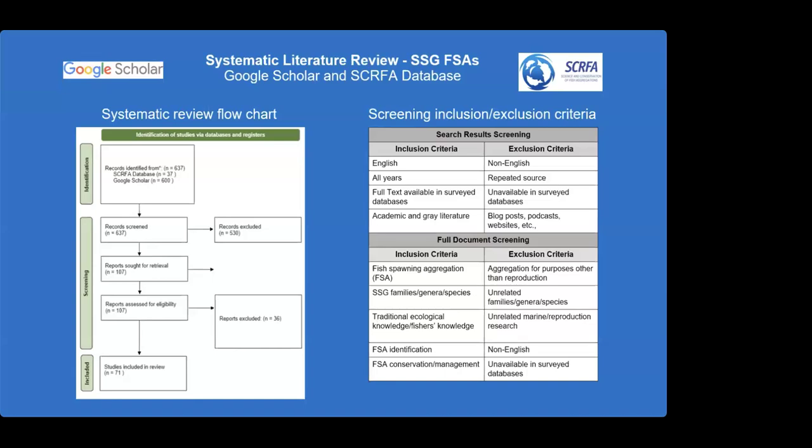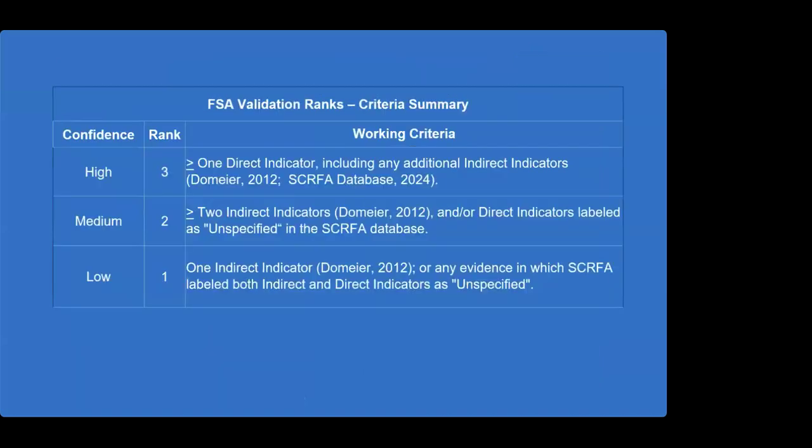There were so many studies identified both from the Google Scholar search and in the SCRFA database that post facto we determined that we would develop an FSA validation rank approach wherein 3 ranks would be assigned based on the level of confidence of the FSA data.